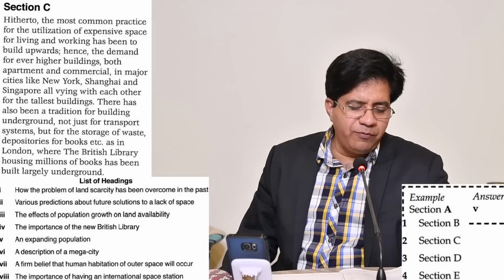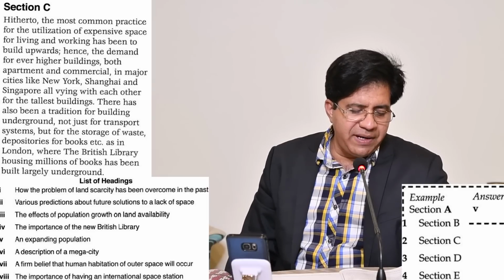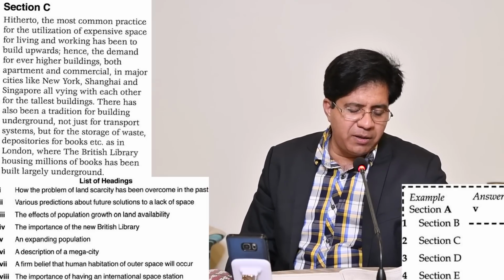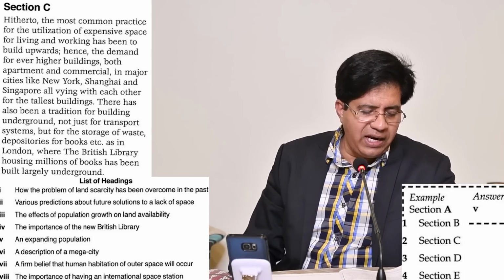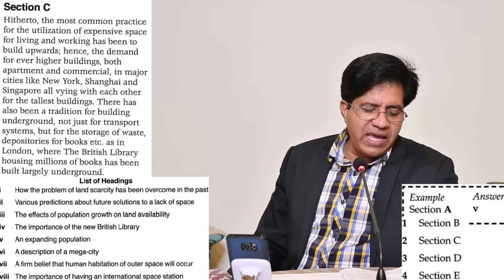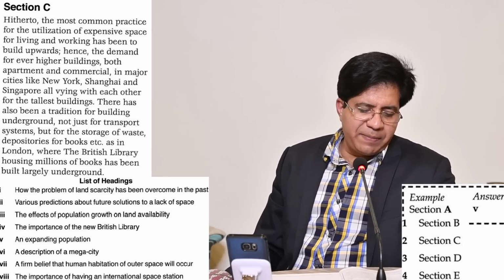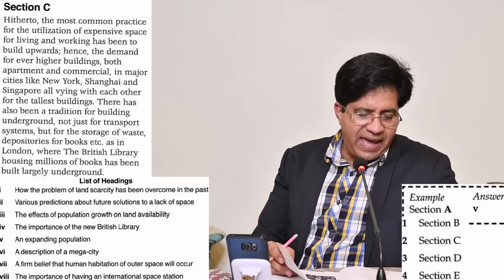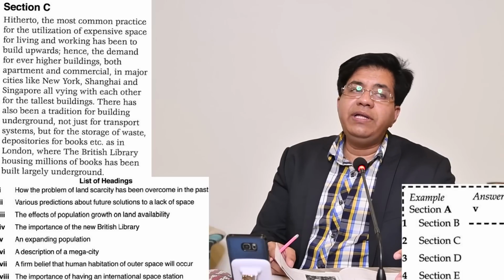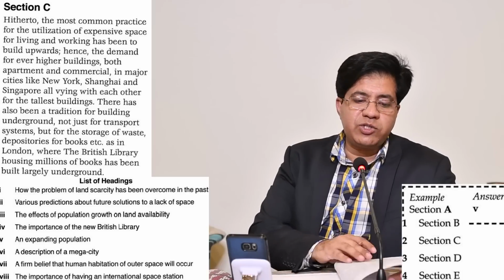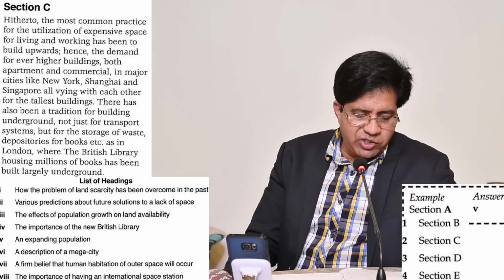And then they say, hence the demand for ever higher buildings, both apartment and commercial, in major cities like New York, Shanghai and Singapore, all vying with each other. Okay, now they are just telling us about 3 cities. They talked about 2 to 3 cities, not 1 city. Okay, let's not guess. Let's just go on.